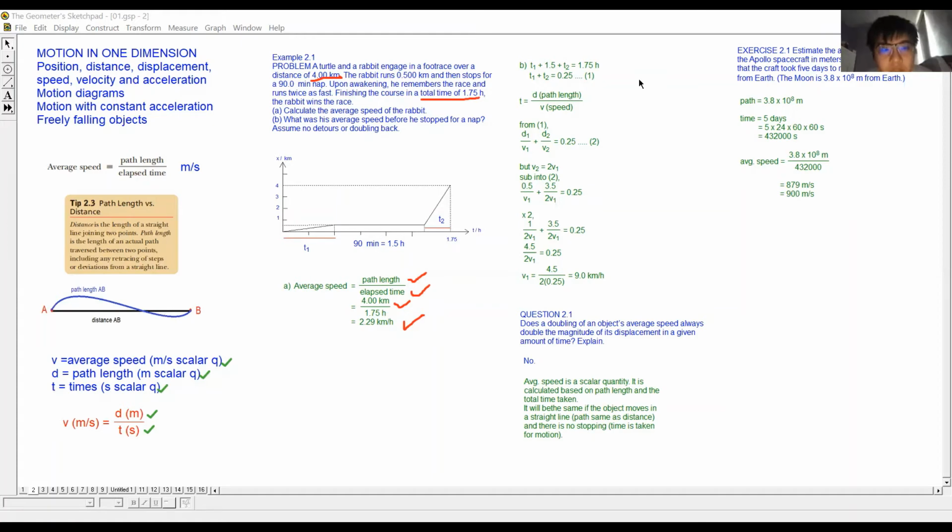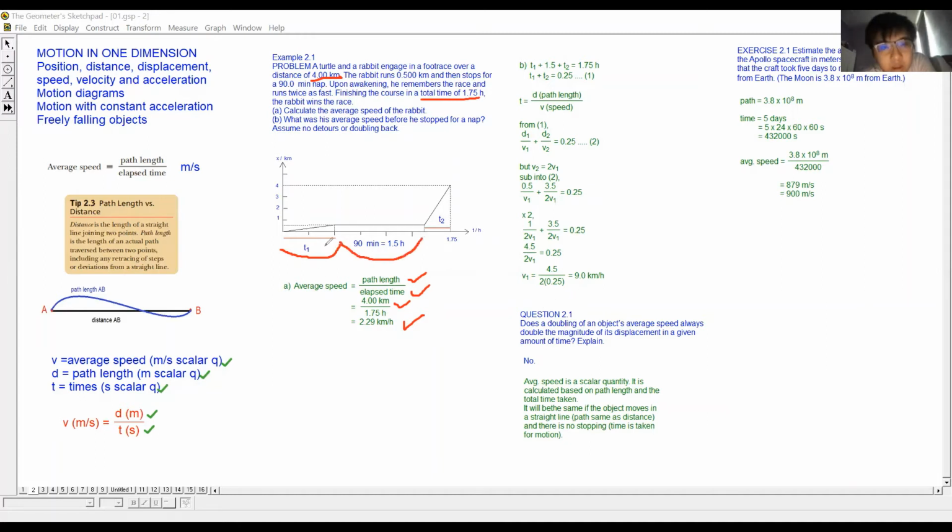The first part is before he takes the nap, and the time taken is, let's say, T1 hours. Then he rested for 90 minutes, which means 1.5 hours.